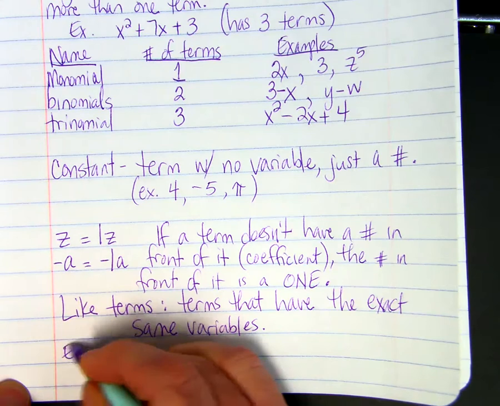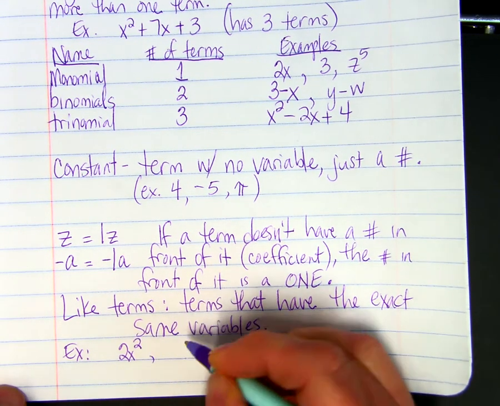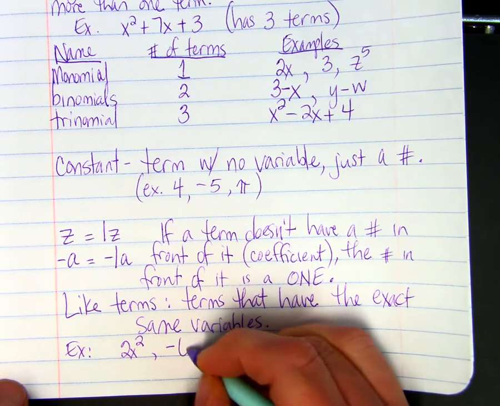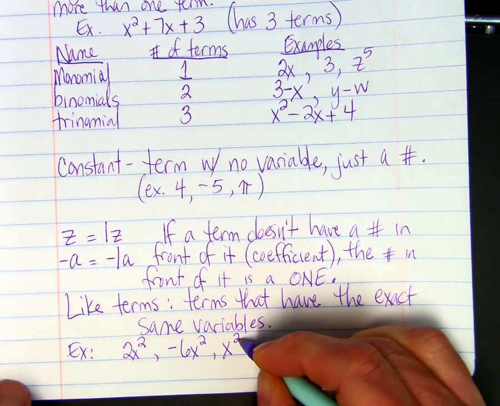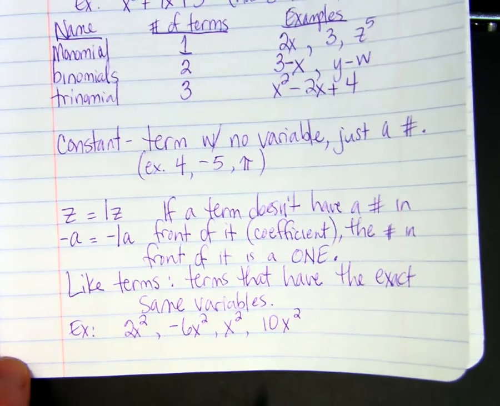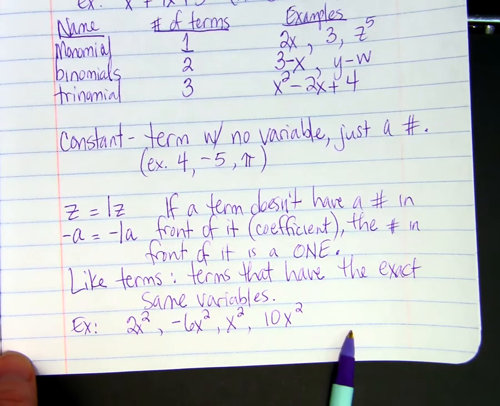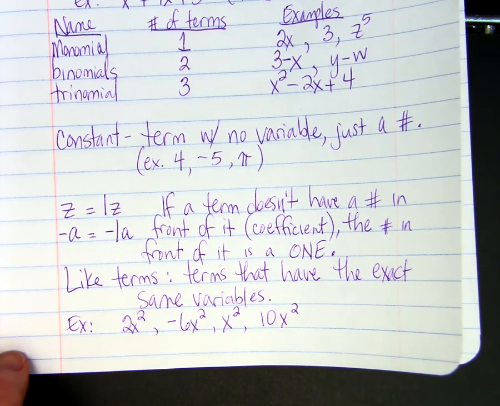So here's some examples of like terms. 2x squared would be a like term with negative 6x squared, which is also a like term with just plain x squared, and that's a like term with 10x squared. So if you notice, every single one of these has an x squared. So these are considered like terms.